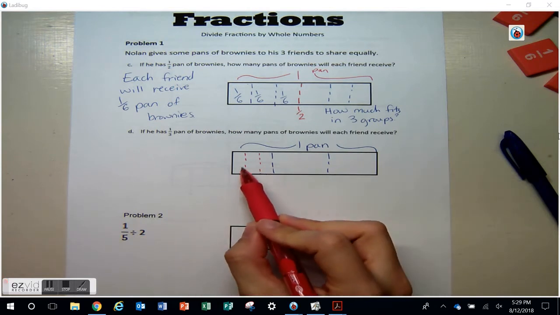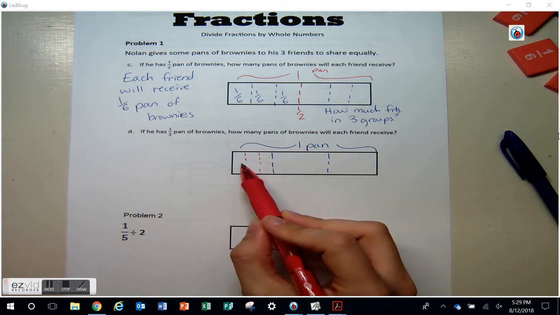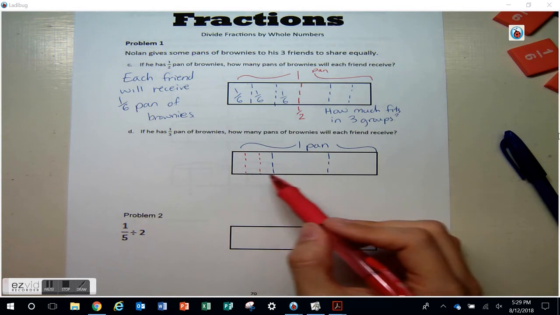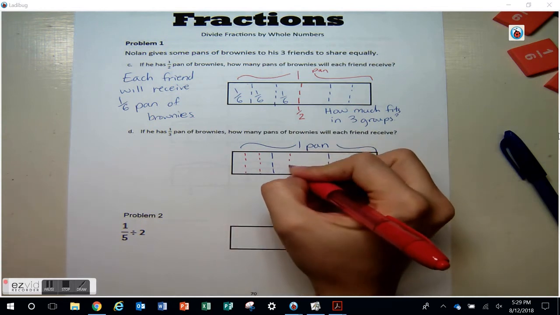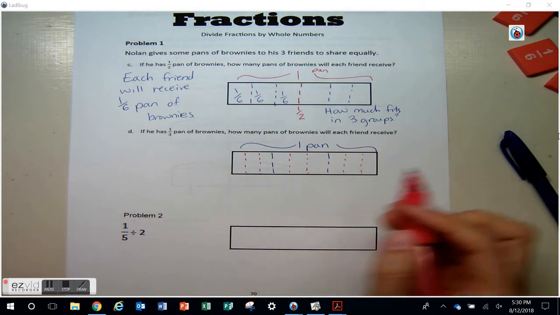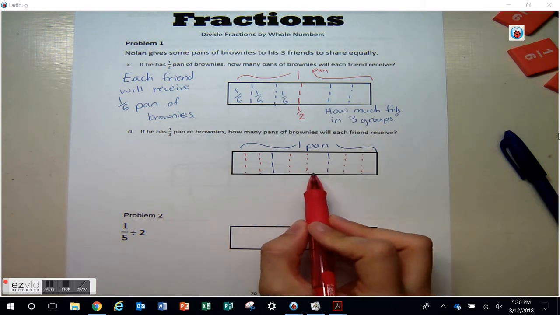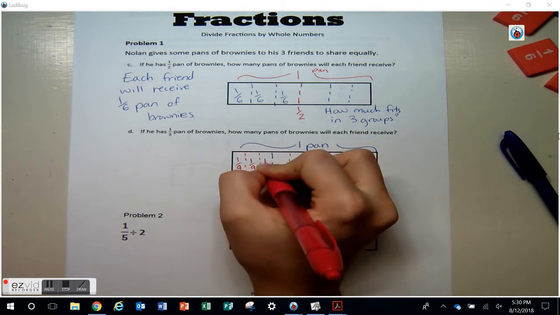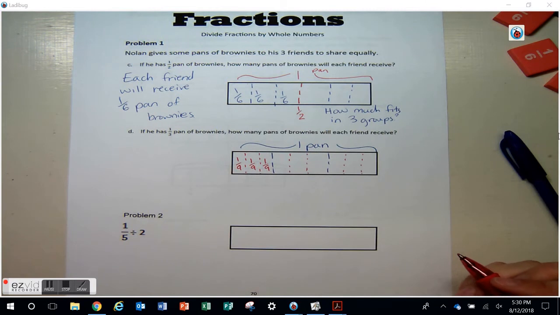But again, we don't know what size piece that is. How much of a pan is that? So we go and we figure out how much of the whole pan that is. And we see 1, 2, 3, 4, 5, 6, 7, 8, 9. 9 pieces, and each friend gets 1/9.